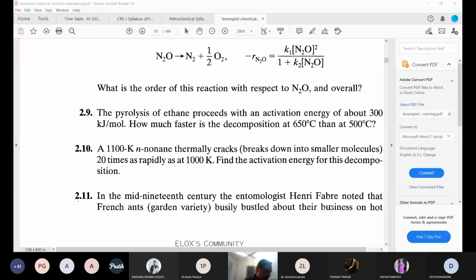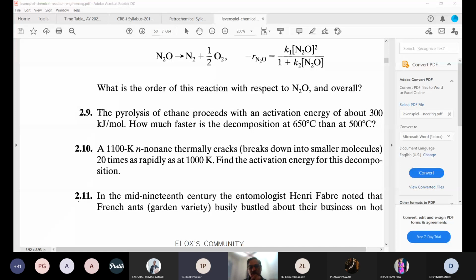Rate of reaction in terms of activation energy and temperature लेने का. What is the rate of reaction in terms of activation energy and temperature? How do you write rate equation in terms of activation energy and temperature? ये भी किया हमने.